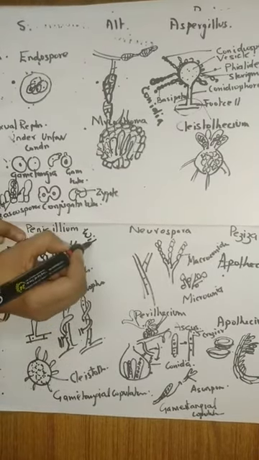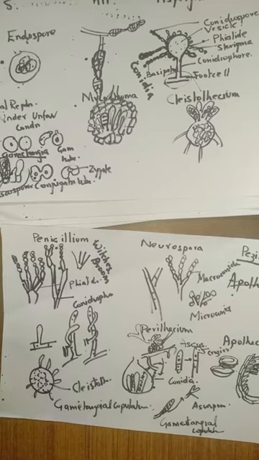That is very typical of Ascomycetes, and from the fusion, the zygote that results produces, by meiosis, ascus bearing haploid ascospores.